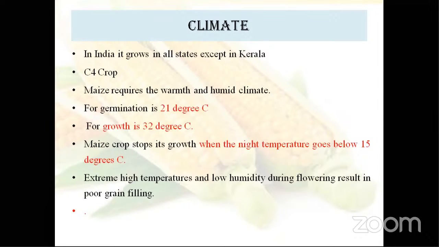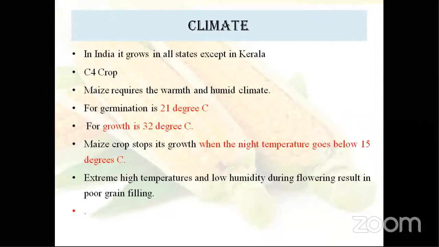And the carbon dioxide saturation point in C4 is low. It can carry out the photosynthetic process even at very low carbon dioxide levels as compared to C3 plants.